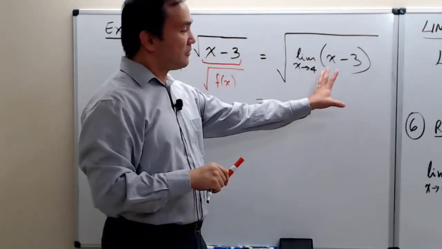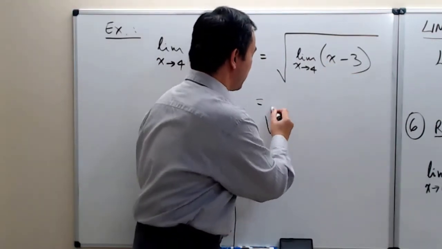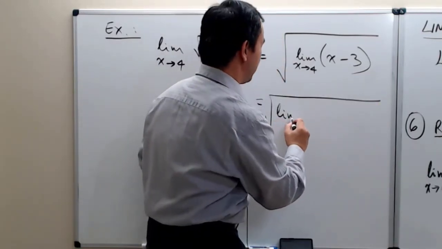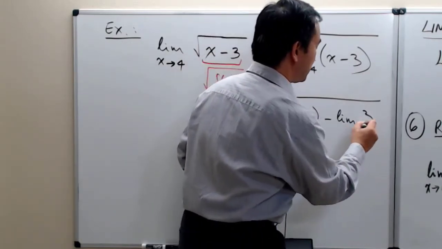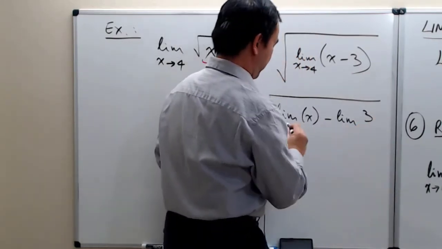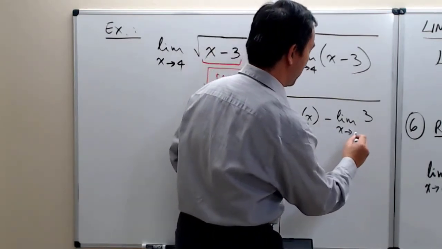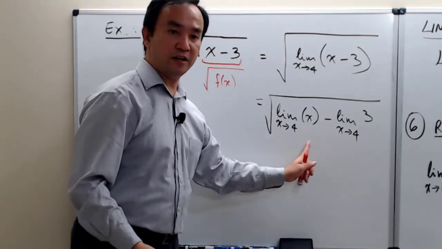But then it takes a little further step to find this limit. Inside the square root, it looks like we have to move on one more step. We need to find a separate limit for x, then we subtract that separate limit for the constant function term 3. Both limits have x coming to 4 as the limit point, generally from both sides. And each one of these now is easy to find an answer.